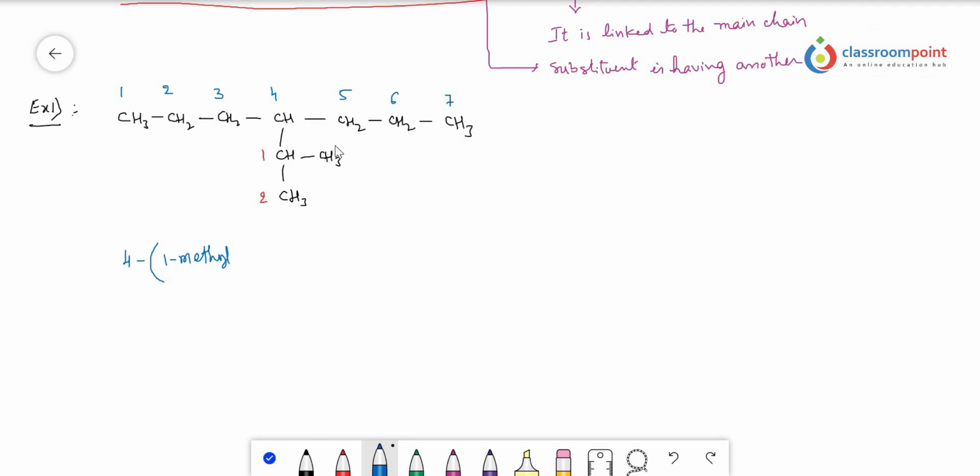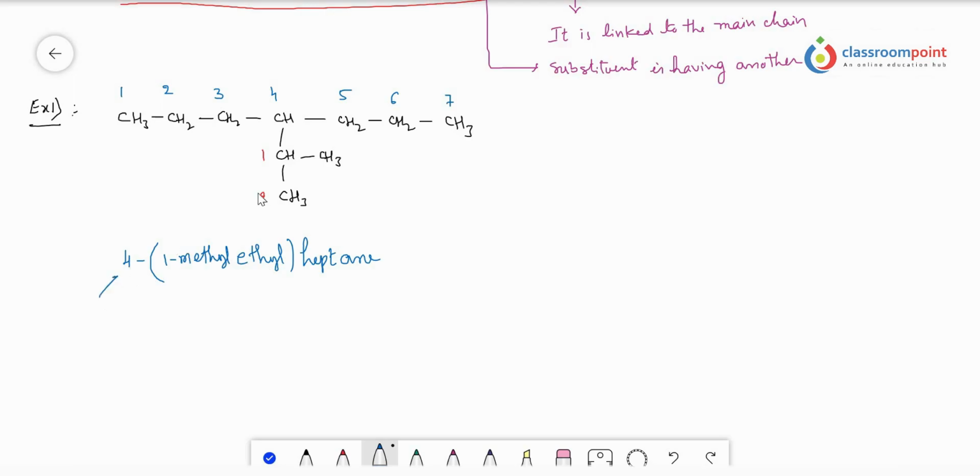Apart from this methyl, now methyl is over. How many carbon atoms remain? Only 2 carbon atoms, so ethyl. Afterwards the remaining name: how many carbon atoms are present in the main chain? 7 are there, so hept, and linked by only single bonds, hence ane. So the IUPAC name of this molecule is 4-(1-methylethyl)heptane.